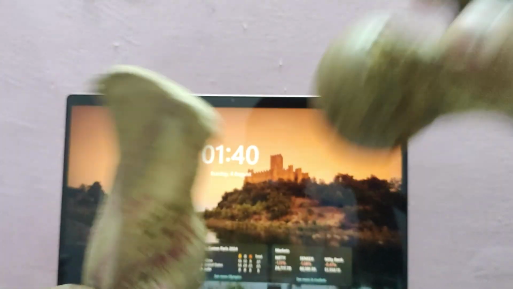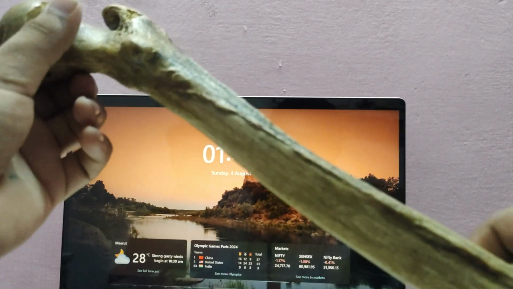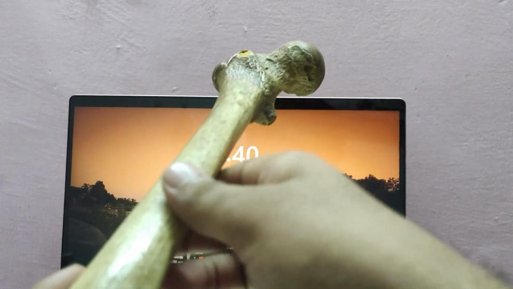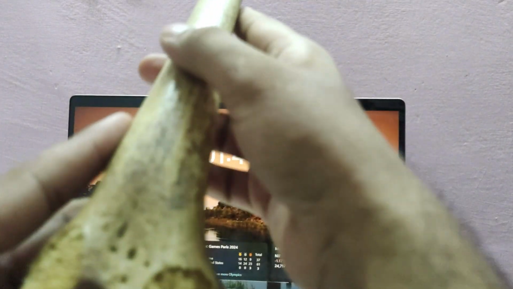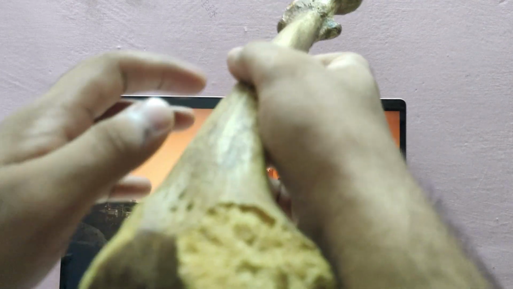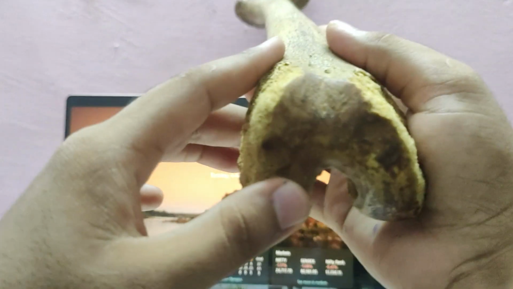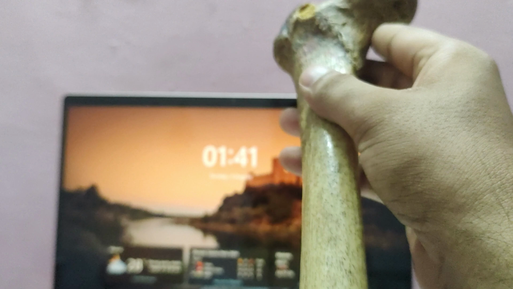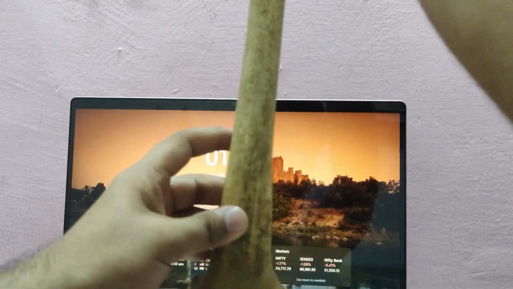Now to identify the side of the femur, we can say that always the femur head is on the medial side, and the smooth condyles, or the curvature, is outwards, or you can also tell by the lateral and medial condyles, or you can simply hold the neck of the femur with your first web space and hold it in this position.